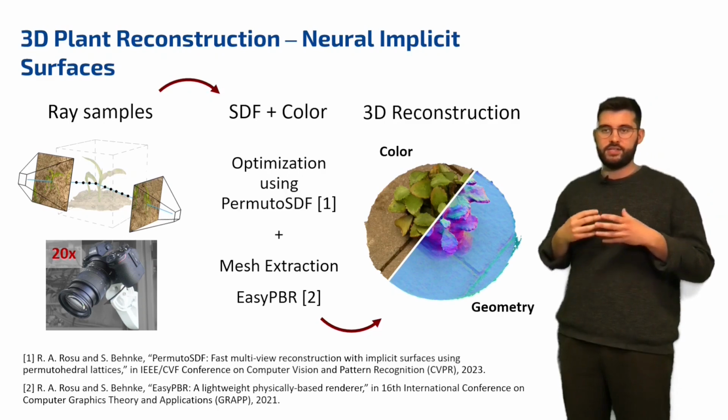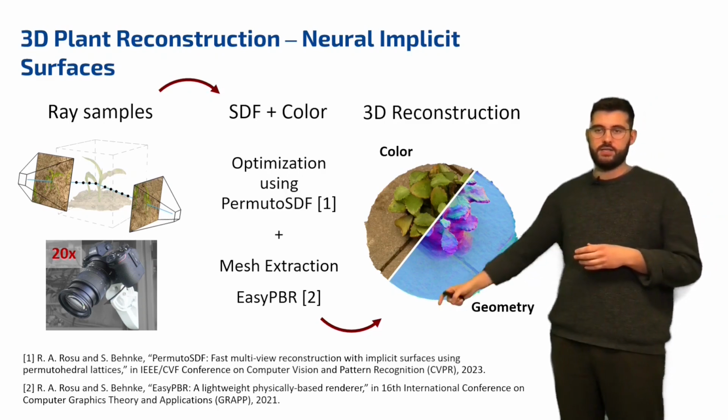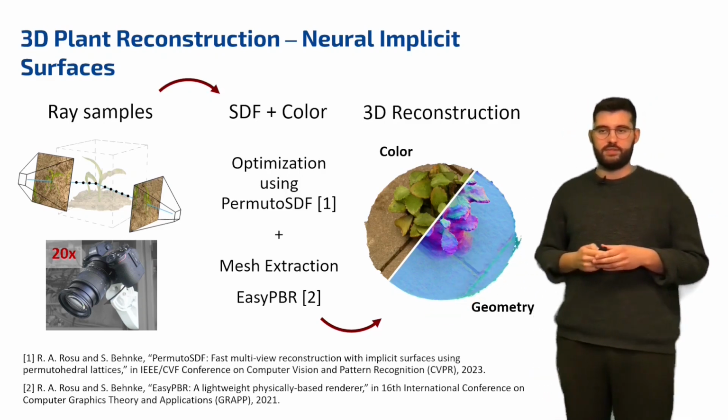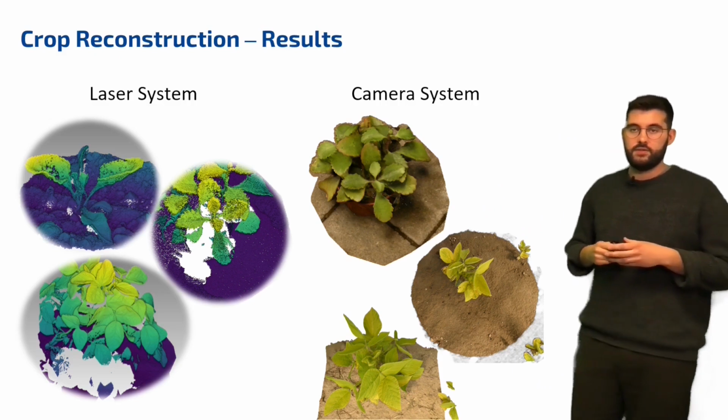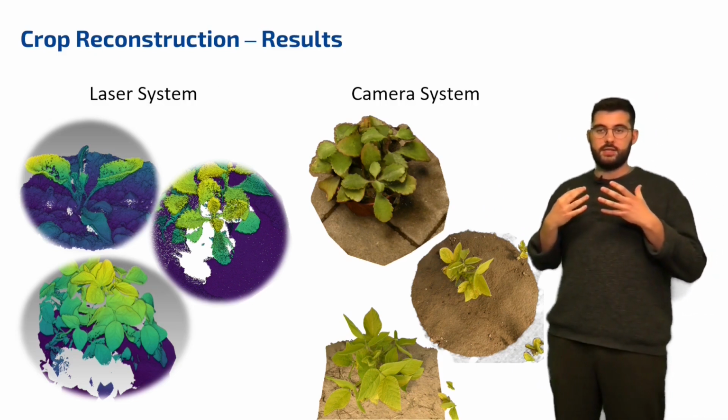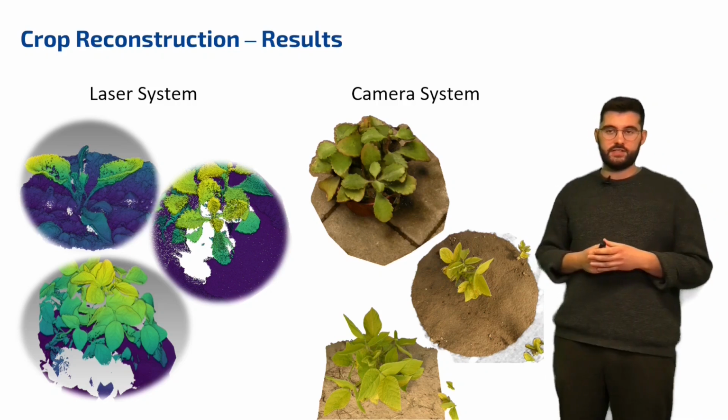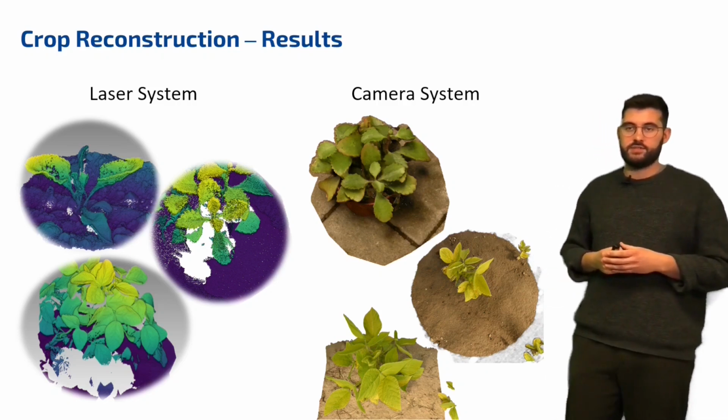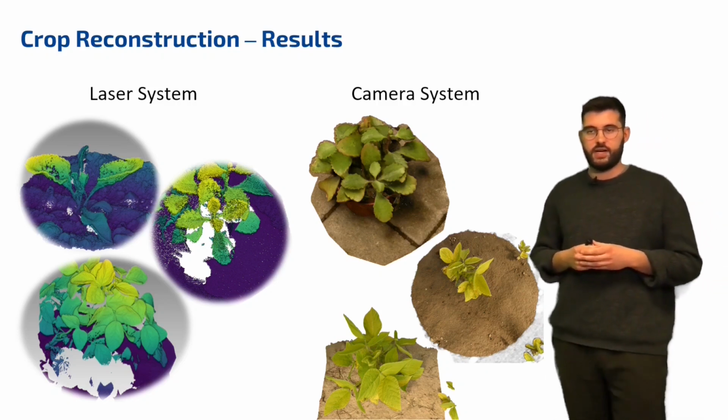And more details about this are here in these 2 papers. The output is now the point clouds for the laser scanning system, and for the camera system high resolution meshes and color information.